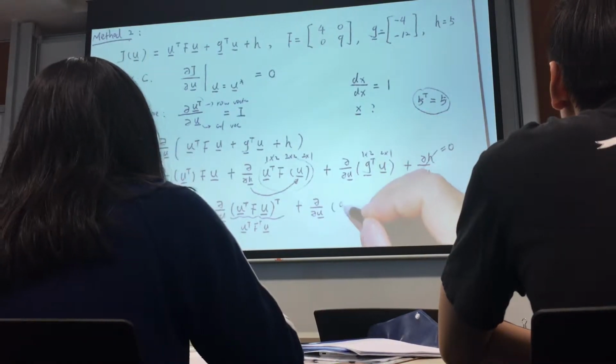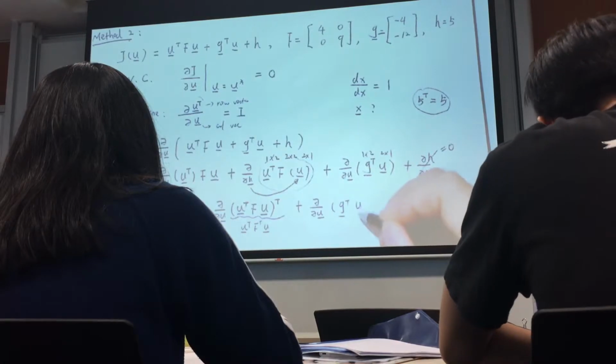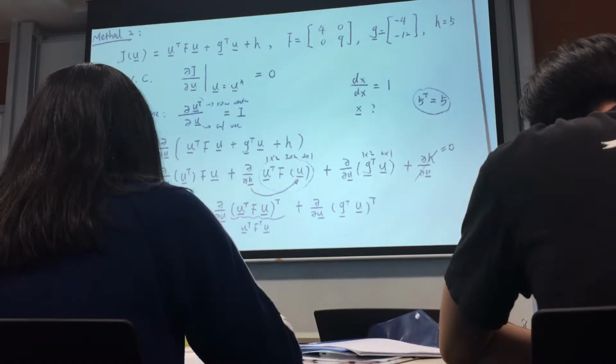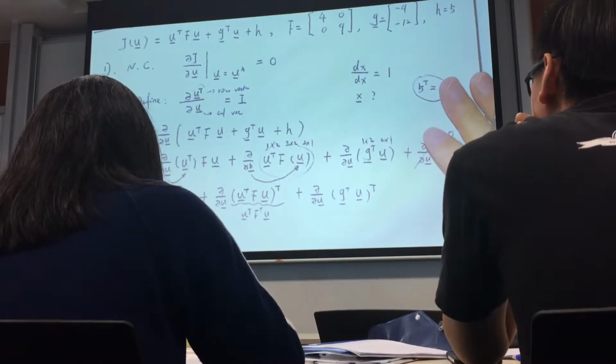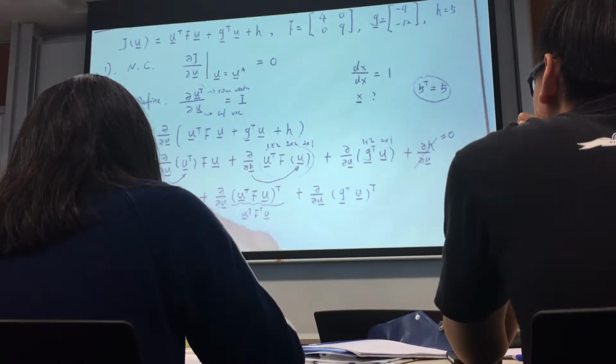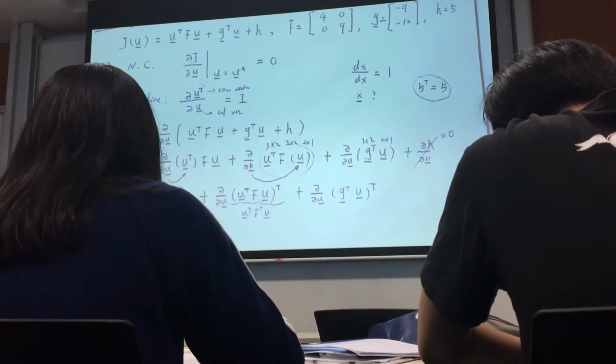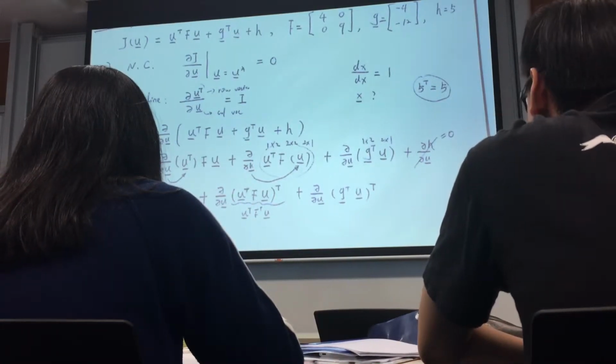So we apply a transpose here. The I is the identity matrix, which is equal to 1.